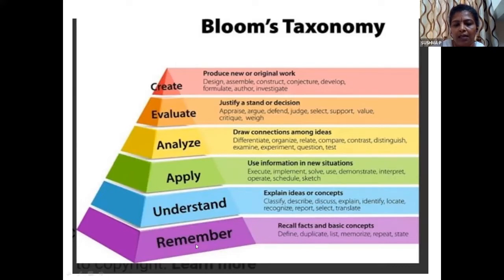You can see, from the lower level, the lower order thinking skills: remember, understand, and apply come in the lower order thinking skills, and analyze, evaluate, and create are in the higher order thinking level.